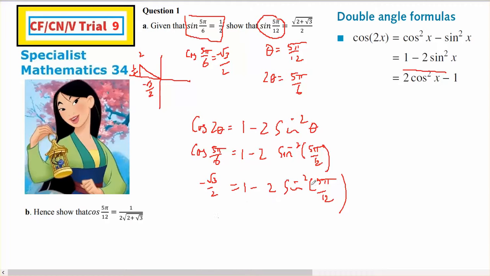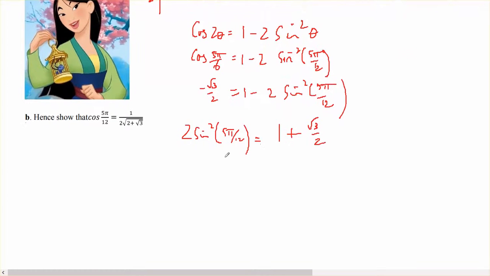If I move this over, 2 sine squared of 5 pi on 12 equals 1 plus root 3 on 2. That's going to equal 2 plus root 3 all on 2.